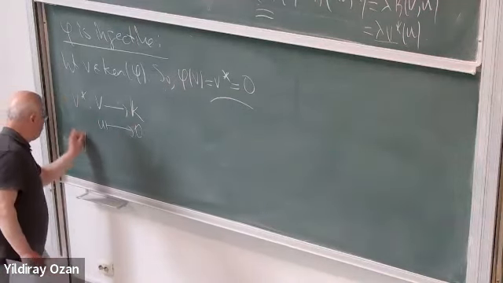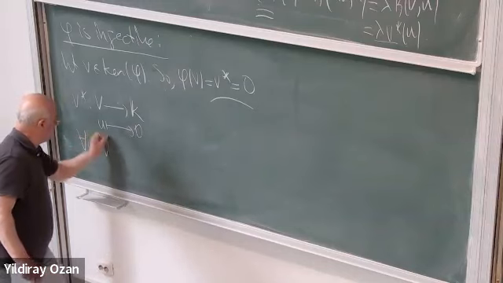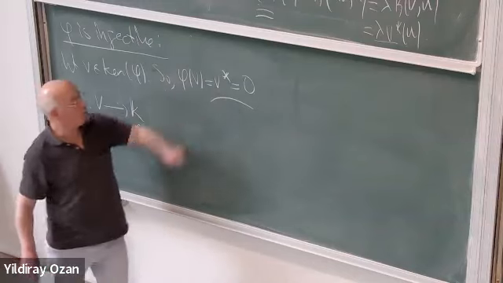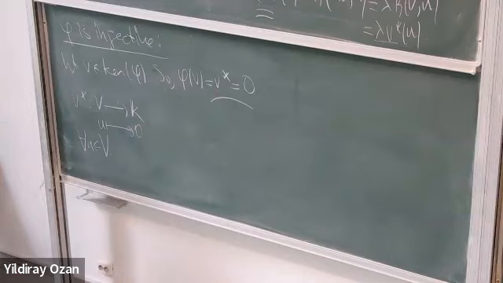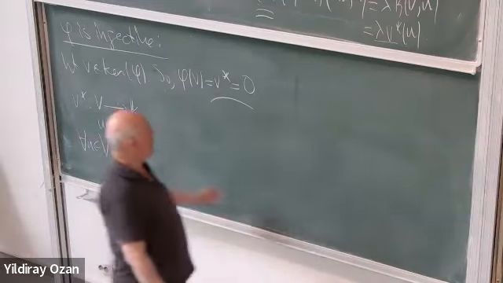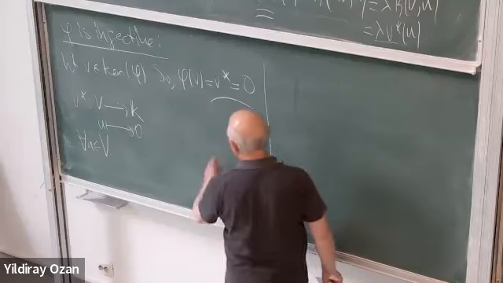For all U, because it's the zero linear map from V to K. So it sends everything to zero. But that means what? What was the definition of this?